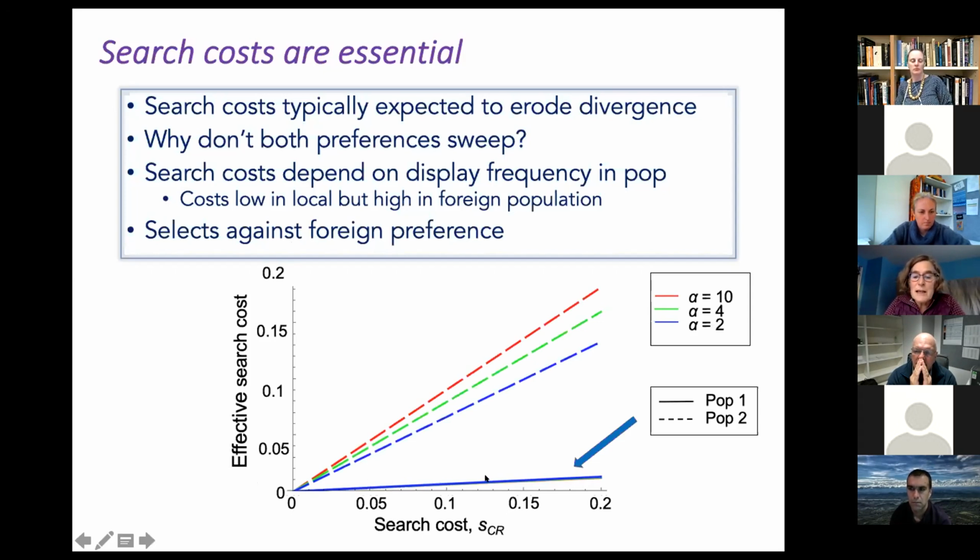The solid lines here show that as we increase search costs in the model, those search costs don't really increase very much. And this is really because the preferred display is very common in the local population. But then if you look at the foreign population, you find that the search costs are quite high. And we think that's because the display that's preferred is very rare in that population. So search costs actually help to select against foreign preference.